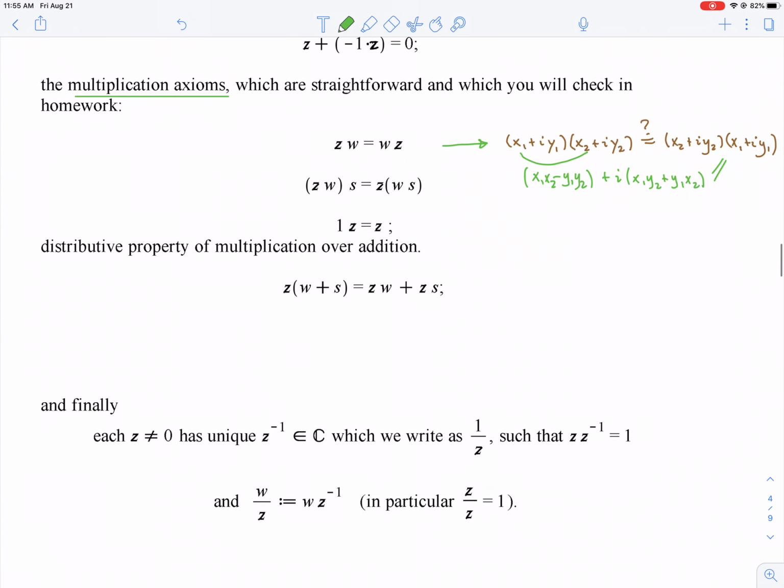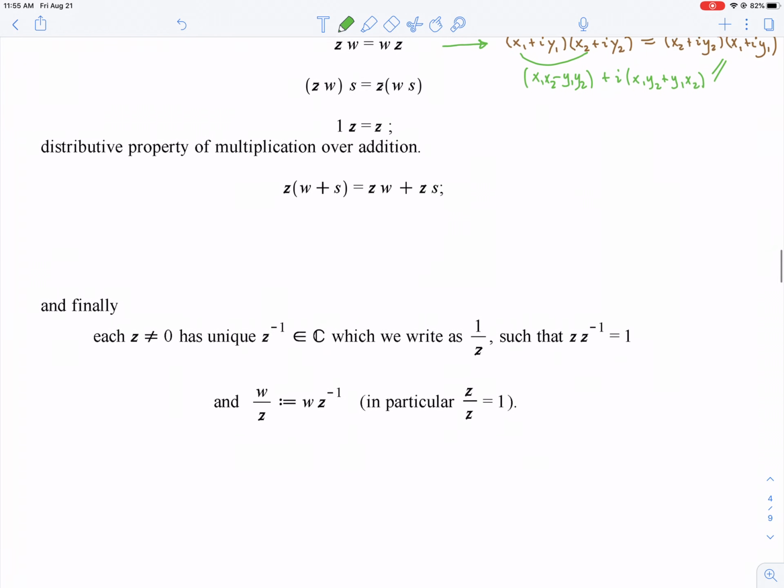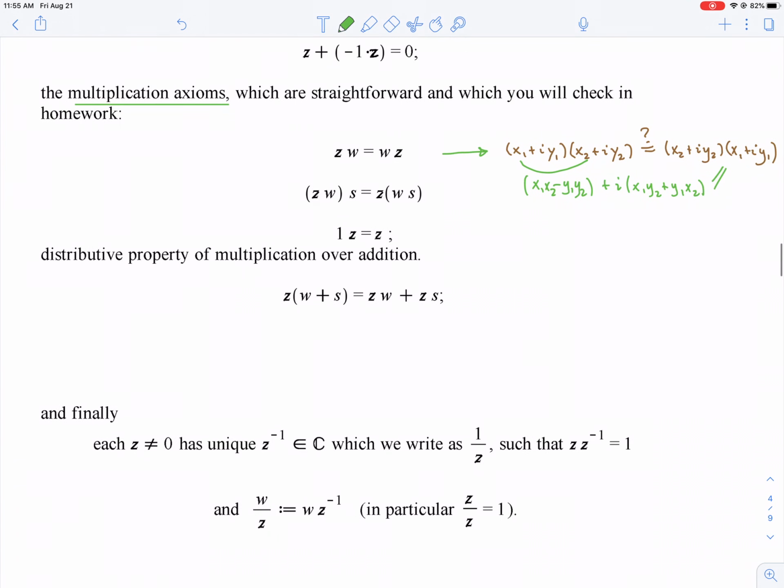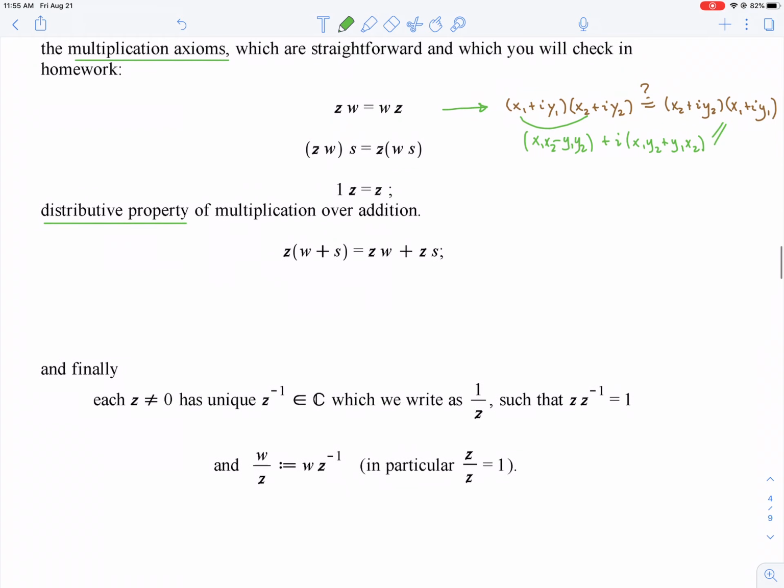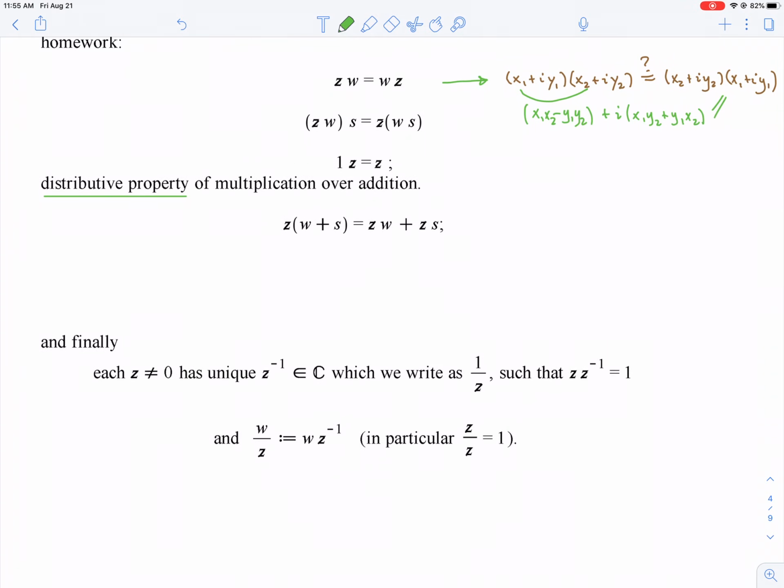Okay, so that's the same for the multiplication axioms for all three of them. You have the distributive property of multiplication over addition, which you also have for real numbers.